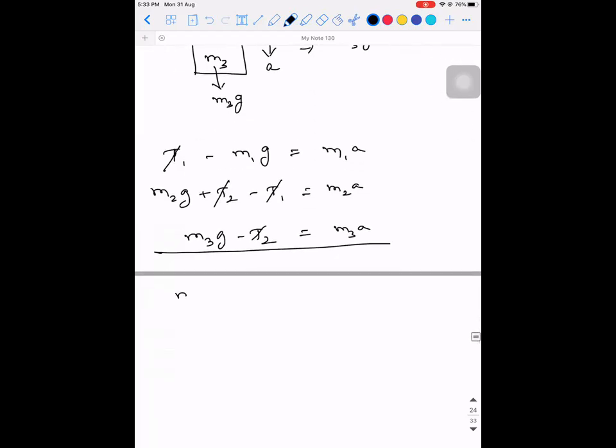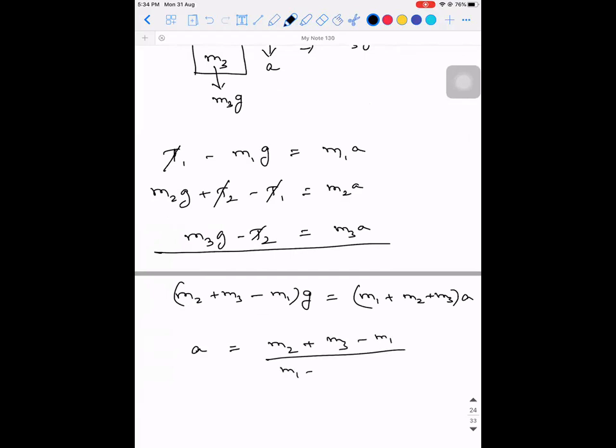So what will you get? M2 plus M3 minus M1 into G is equal to M1 plus M2 plus M3 into A. So A will be equal to M2 plus M3 minus M1 divided by M1 plus M2 plus M3, multiplied by G.